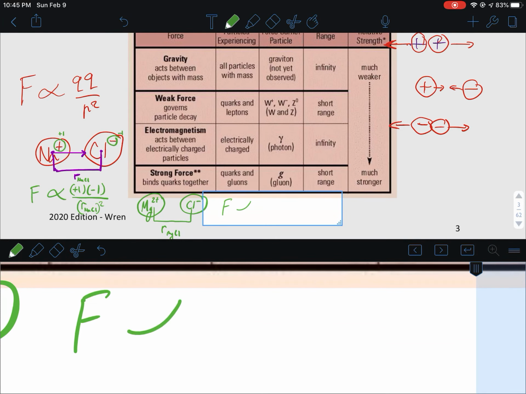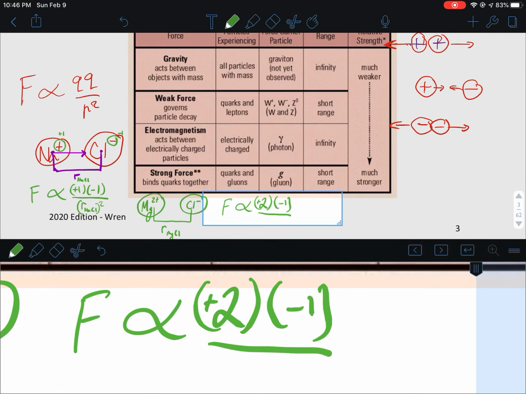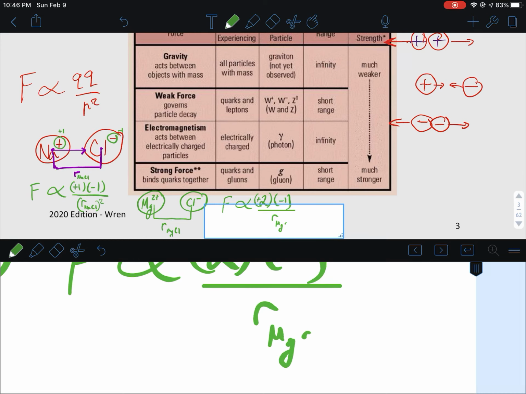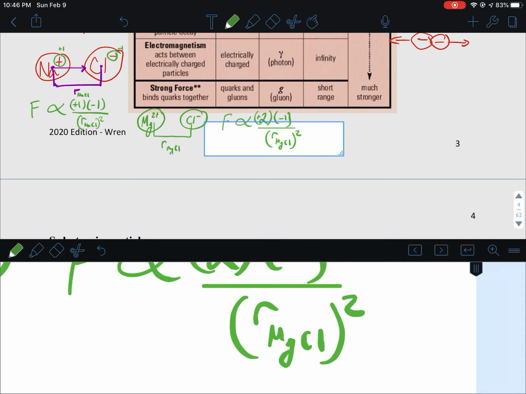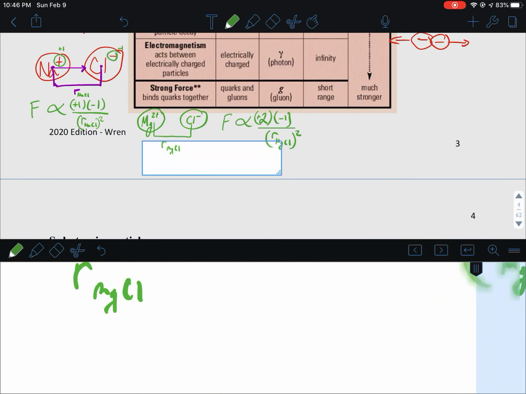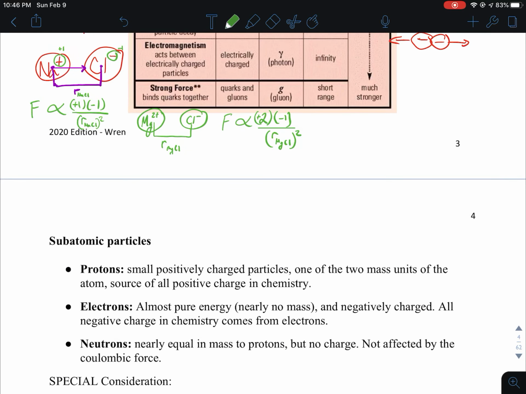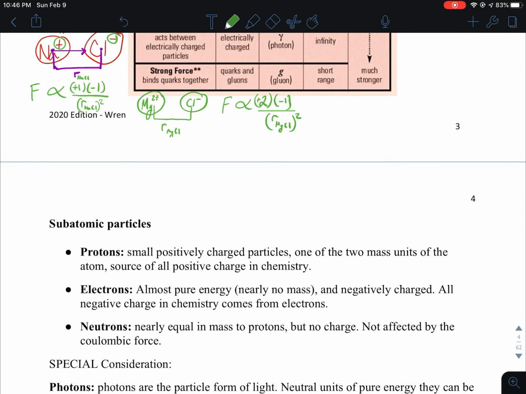So the force here is going to be plus 2 times minus 1 divided by the radius of magnesium chloride, or the spacing, squared. These differences are important, and we'll play around with this a little later when we start talking about how big things are and why different salts might have different strengths.